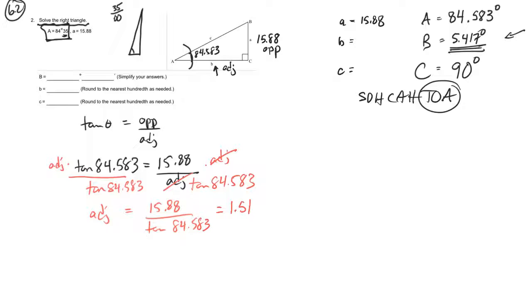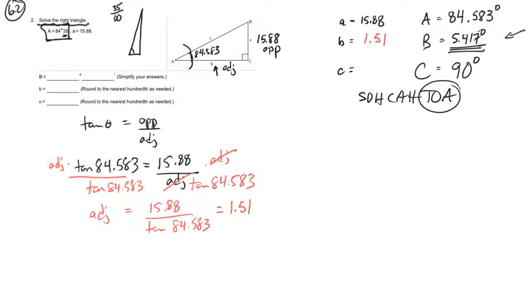Let me just check to make sure I'm in the right mode. Sometimes I get in the wrong mode, and if you're in radians, that would be a bad thing. No, I'm in degrees, so it's got to be right. Okay, so that is for this one down here, side B. So side B is 1.51.